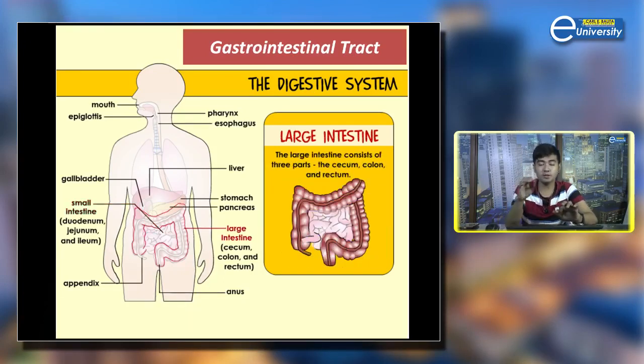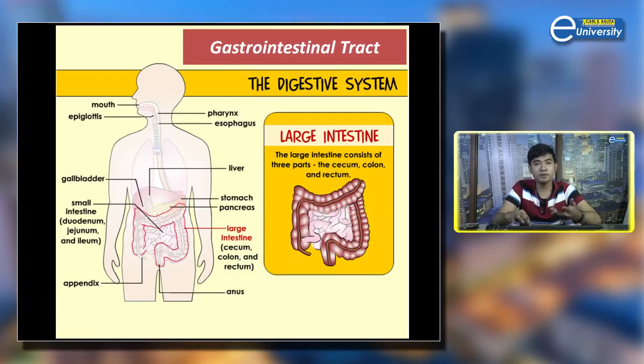While the large intestine consists of three parts: the cecum, the colon, and the rectum. The main function of the large intestine is that it is the main site of water absorption. When the nutrients have already been absorbed in the small intestine from the chyme, it will be released to the large intestine, and its main function is to absorb the water in the chyme.